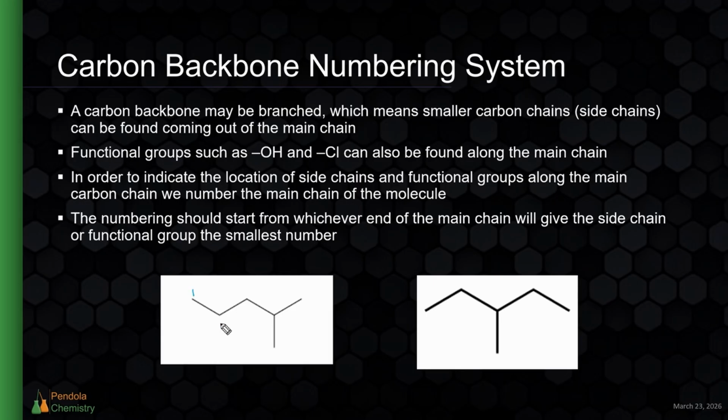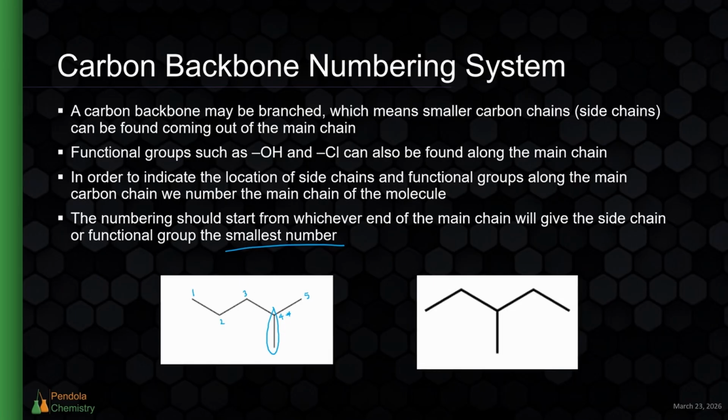Because if we go 1, 2, 3, 4, 5, then our side chain is on the 4th carbon. And the rule says that the numbering should start from whichever end of the chain will give your side chain the smallest number. So if we start from the left, we would end up with the wrong answer because the side chain is on the 4th carbon.